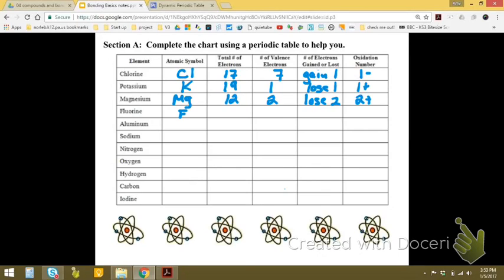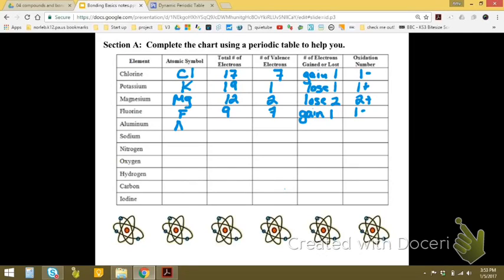Fluorine, on the right-hand side of the periodic table, is atomic number 9. It has 7 valence electrons, which means it is going to gain 1. And just like chlorine, fluorine is going to have an oxidation number of -1.